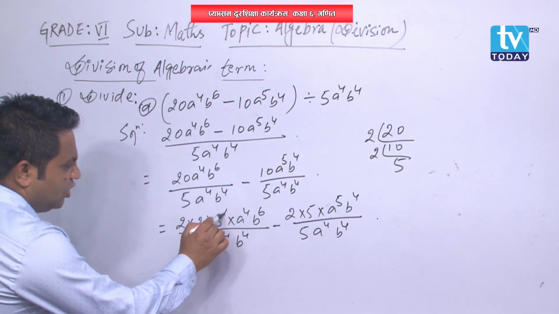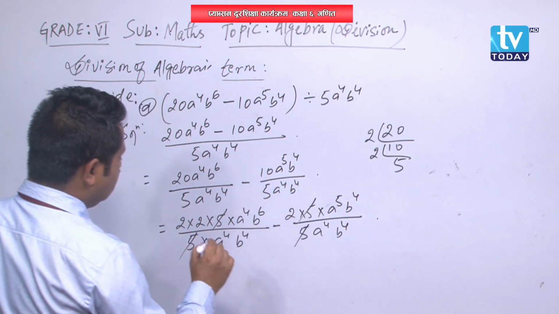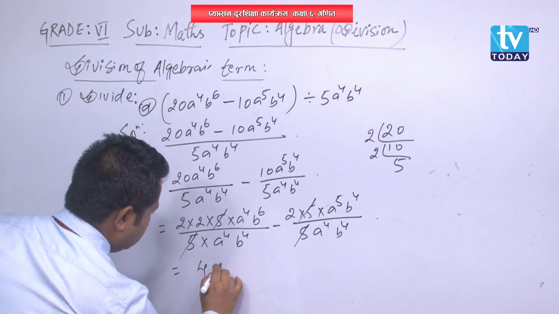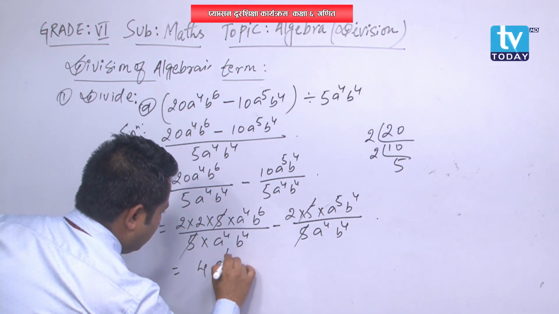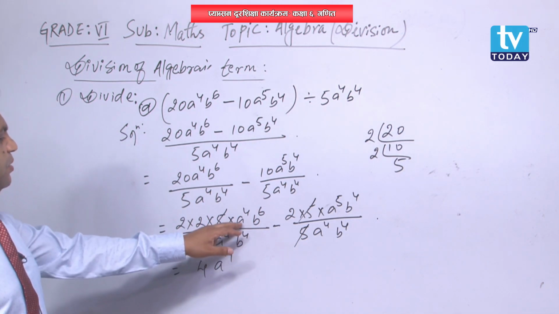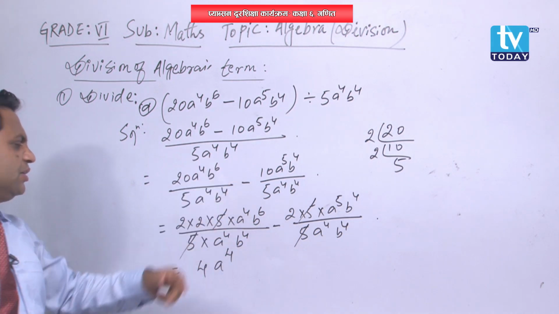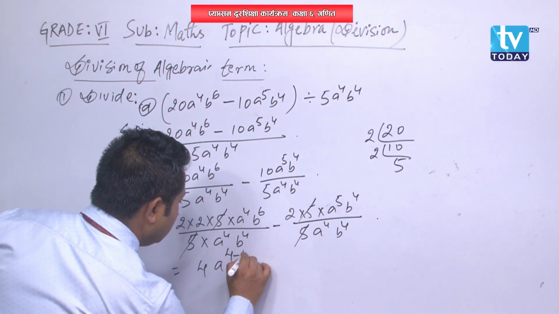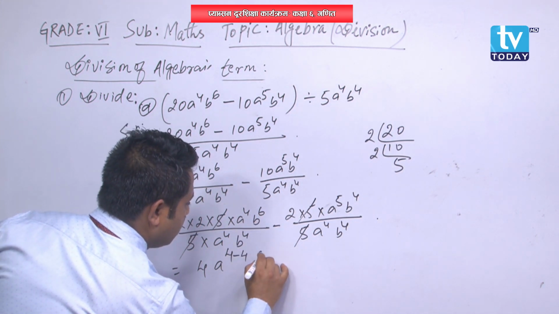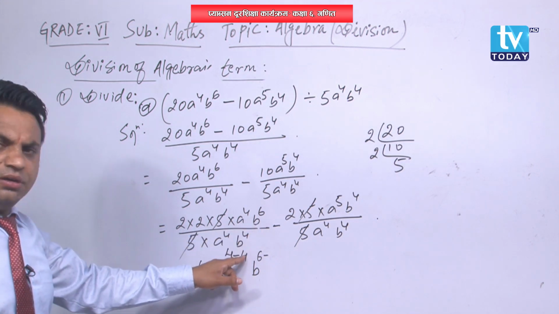Now you can cancel this coefficient, this 5 and this 5 also. So 2 into 2 is 4. If you take this power to the numerator, here also base a, here also base a, you can take this power to the numerator, then it will be minus 4 minus 4, there is b 6, and minus, there is positive, base same b.